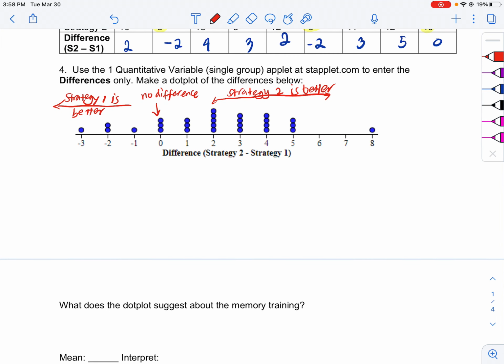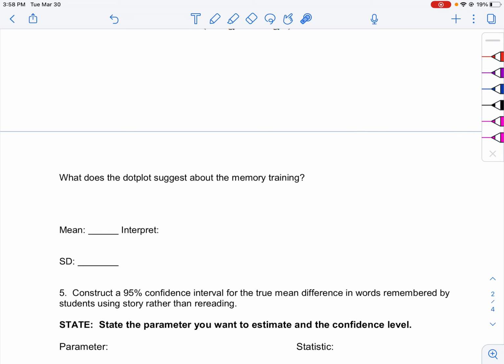It looks like we have more dots on the strategy 2 is better side. How many is that? There are 27 dots: 1, 2, 3, 4, 5, 6, 7. So we have 7 in the negative, and then we have 20. Yeah, 20 out of 27 students.